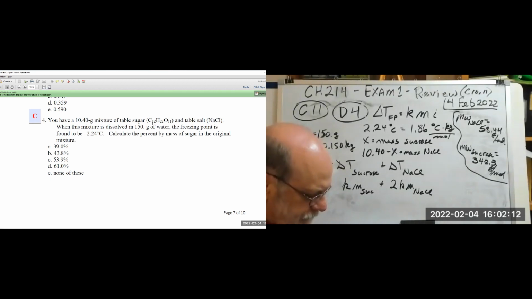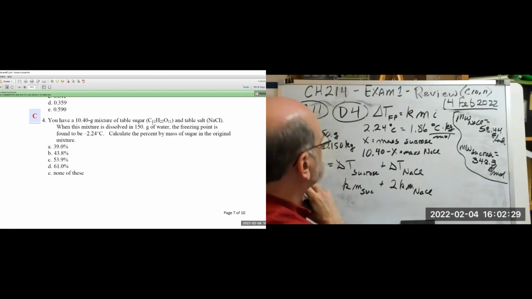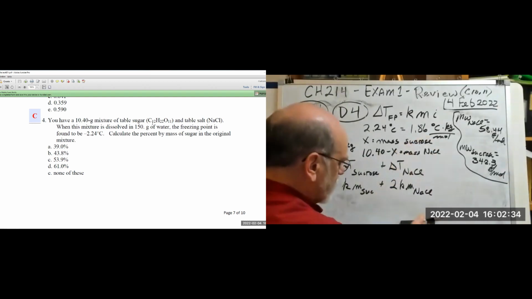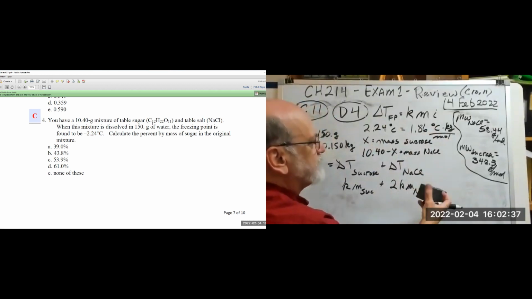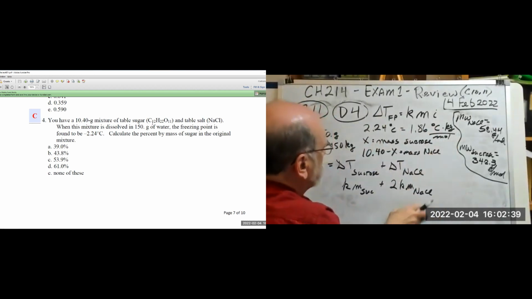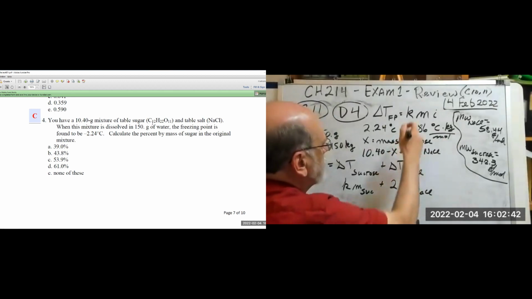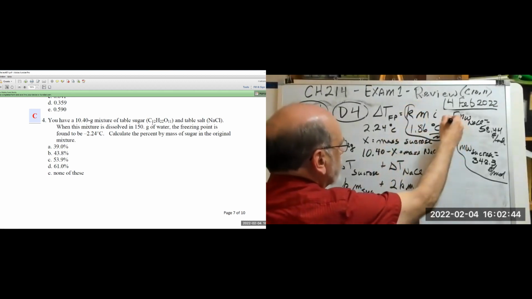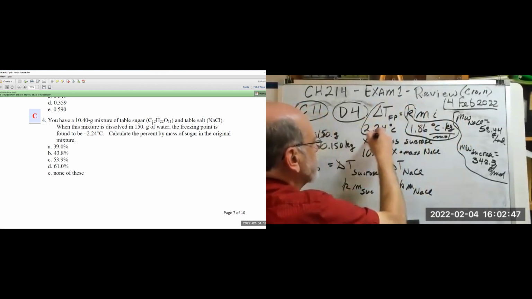All right. So this expression, this delta T freezing point, we know that value is equal to 2.24. All right, that's not correct. I was starting to write something and I didn't finish it. So let's just say this is that value and this is that value.